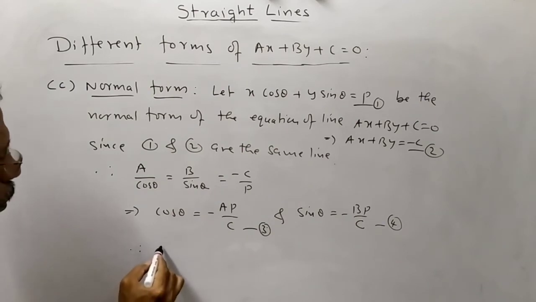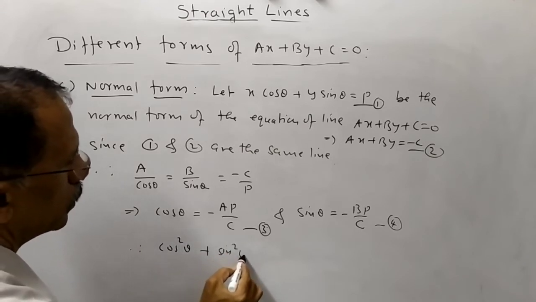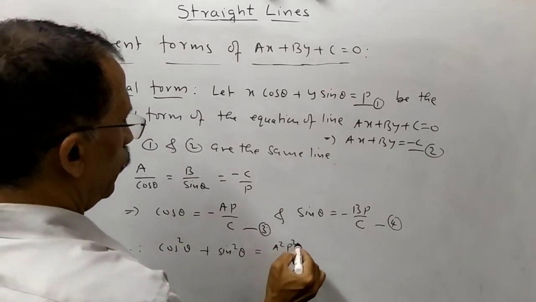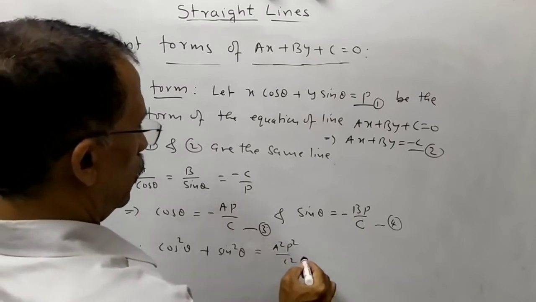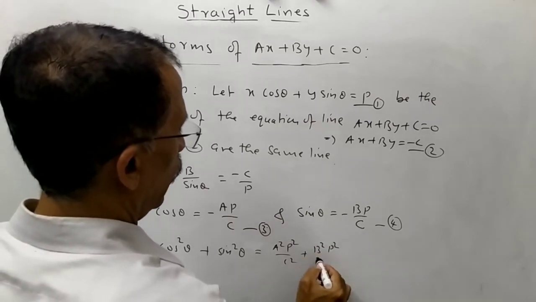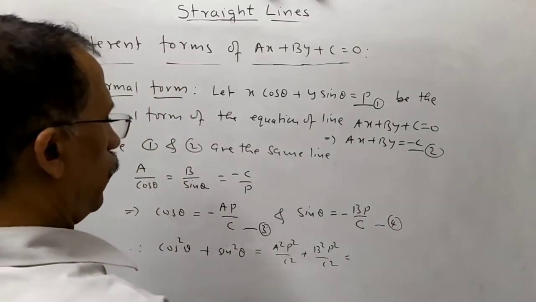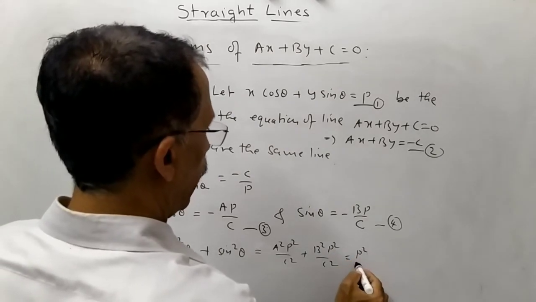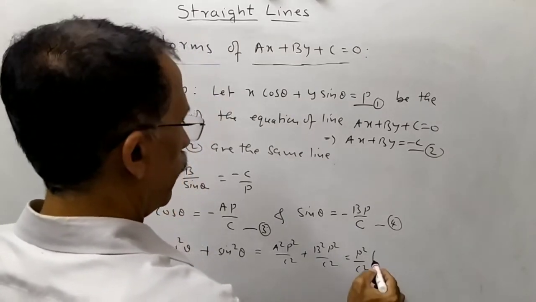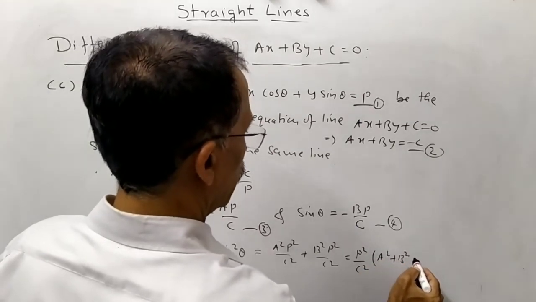Therefore, cos square theta plus sin square theta is equal to a square p square divided by c square plus b square p square divided by c square, is equal to p square by c square, when you take common, then you will get a square plus b square.